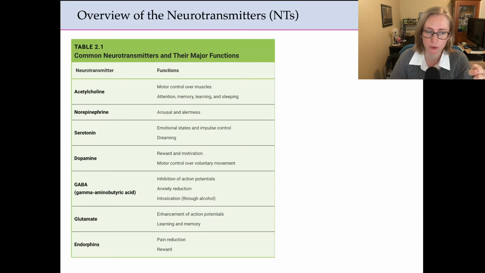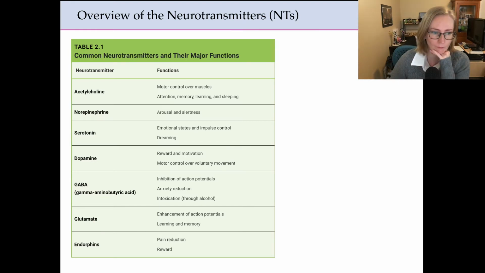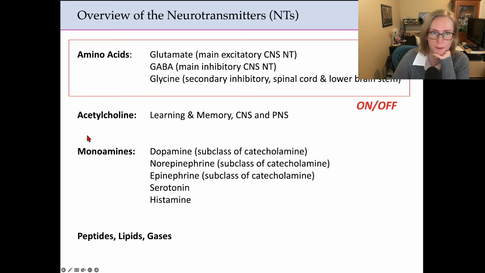Okay, I'm not going to go through each of the neurotransmitters. We're going to go through some in more detail, but we had our list here. Again, GABA and glutamate, the main off-on neurotransmitters, and this is how I prefer to show it.